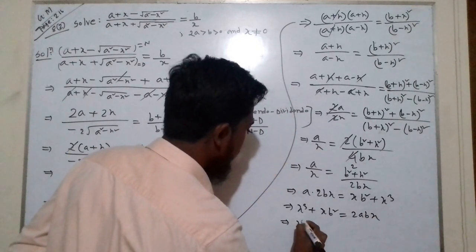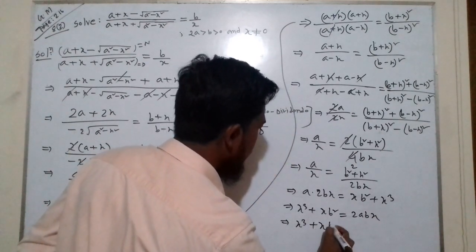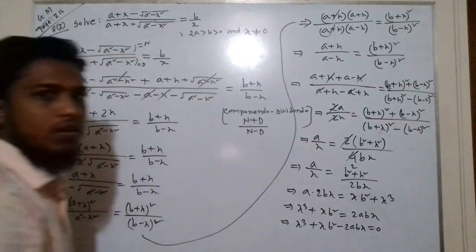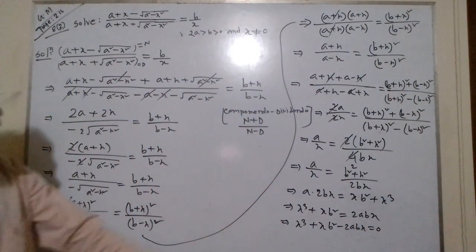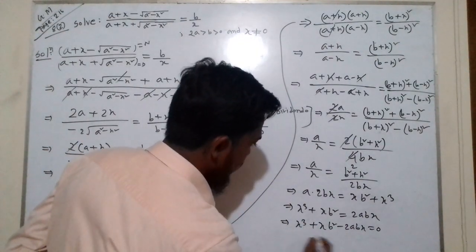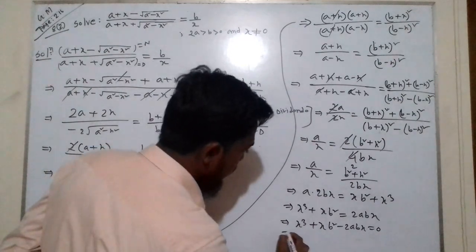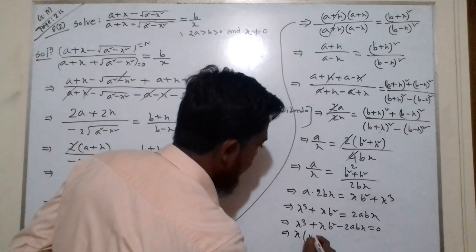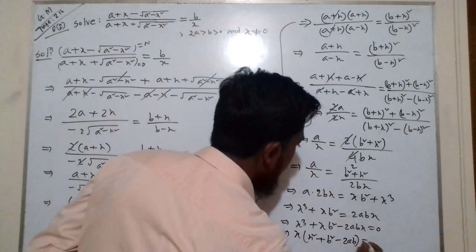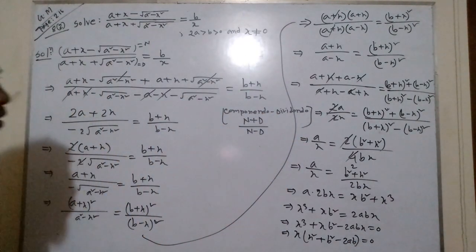This equals x cube plus x b square minus 2abx equal to 0. Okay. Taking common x from each term, we get x into x square plus b square minus 2ab equal to 0. Okay.